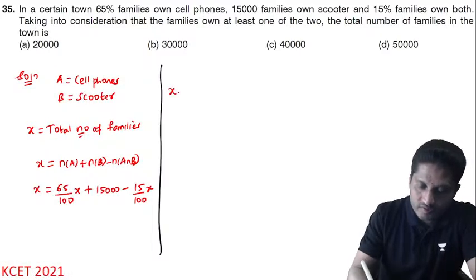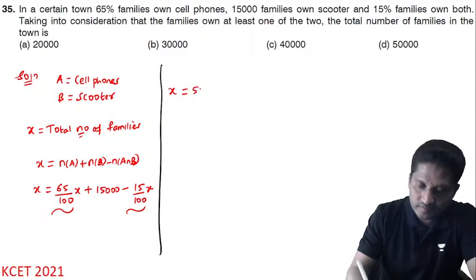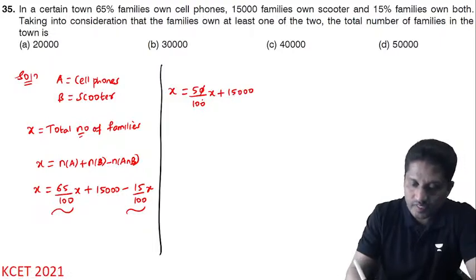Now X is equal to 65 minus 15 is 50 by 100 plus 15,000. This will cancel.